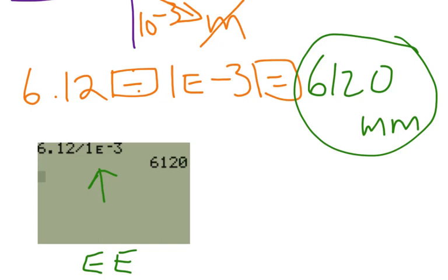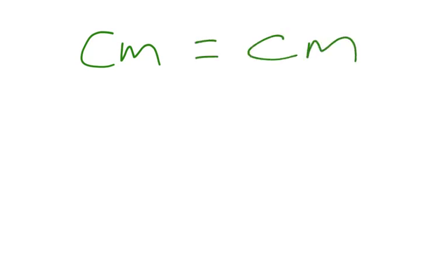Now I want to go to the next example. In the next example, it says convert 4.5 centimeters into millimeters. Now here's a case where we actually have two units with prefixes. So let's make two equivalent statements. I'll start out with the centimeters. Centimeters, centimeters with an equal sign in between. Put a 1 in front of the first one.